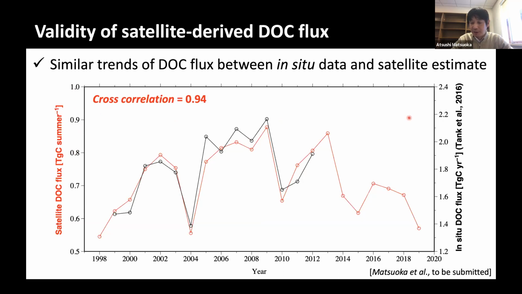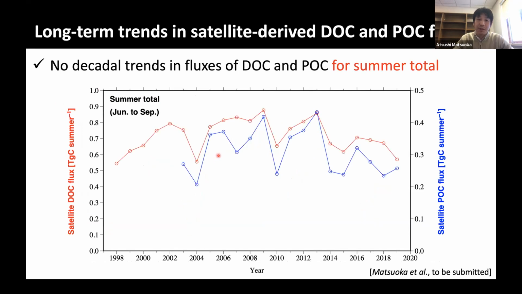This is because we obtained the in-situ data upstream, approximately 200 kilometers away from the river delta, so we expect less degraded DOC at the upstream station. The main point from this figure is that the satellite DOC flux estimate captures the natural variability, as you can see here.